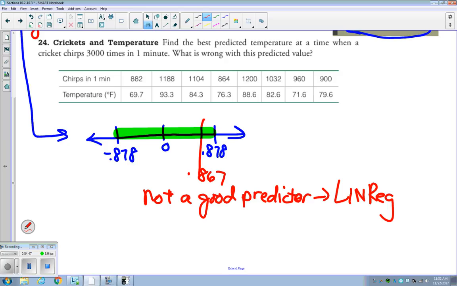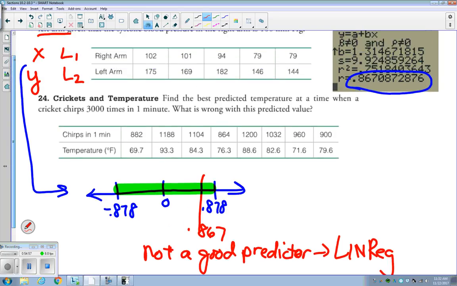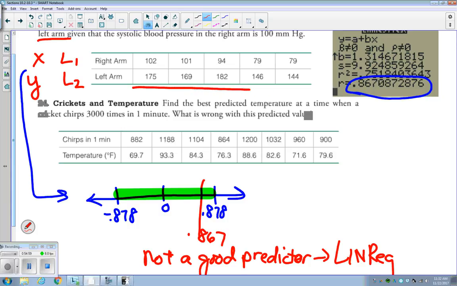Okay? So since it's not a good predictor, if I wanted the prediction, I would not use my linear relationship. Instead, what I'm trying to predict is the left arm. I'd simply find the mean. That would be the best prediction I could make, is to simply find the mean, because this failed my test.